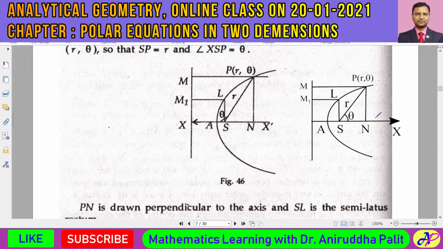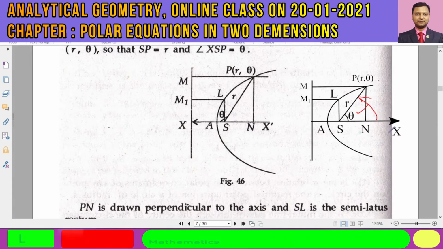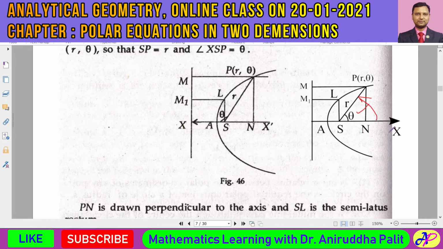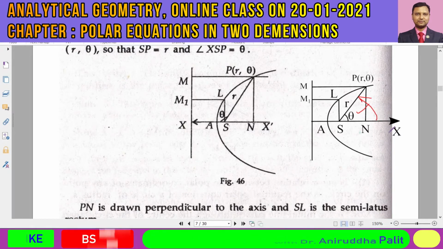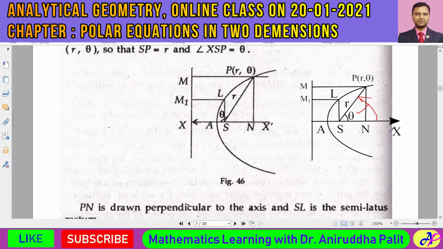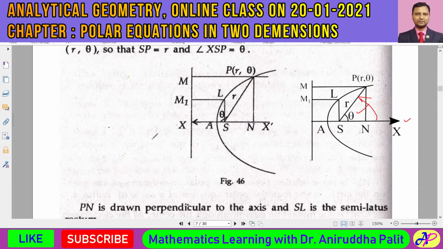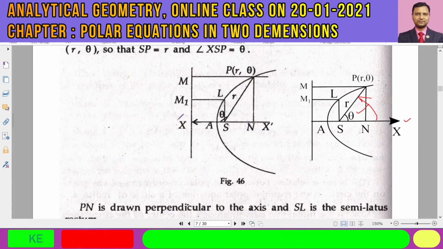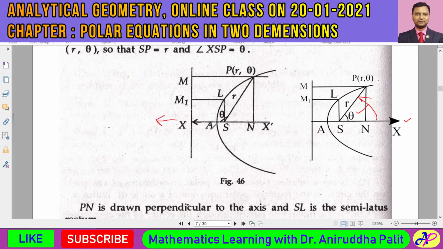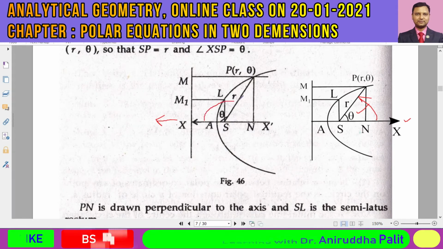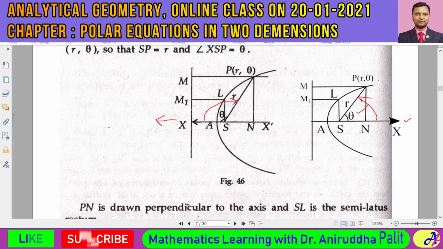Generally you are habituated to define theta in this fashion: theta is defined in the anti-clockwise direction. That is the general idea of taking this vectorial angle theta, measured anti-clockwise from the initial axis. And over here, because the initial axis is taken on the left hand side, the vectorial angle should be measured in the clockwise direction.